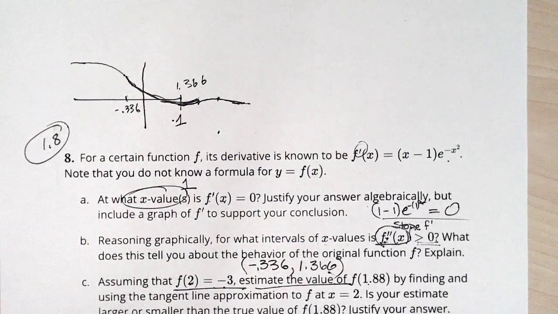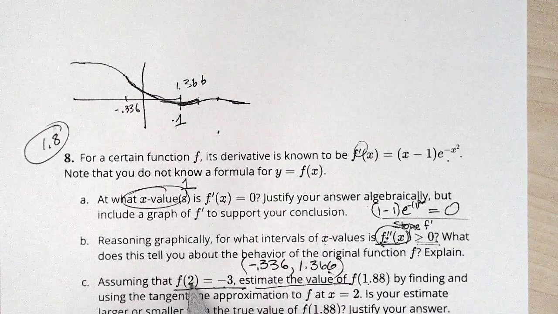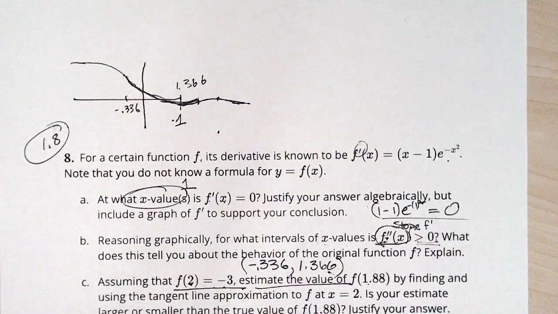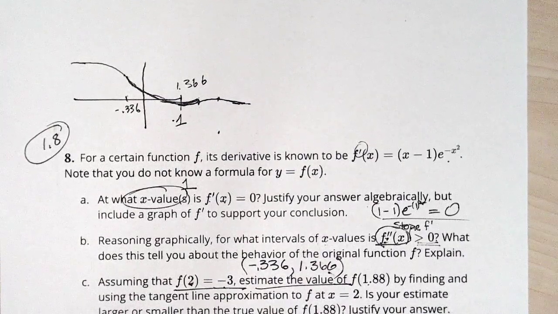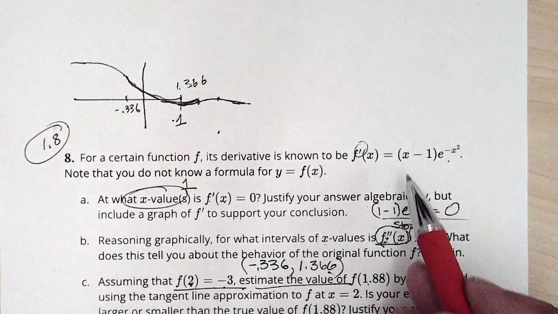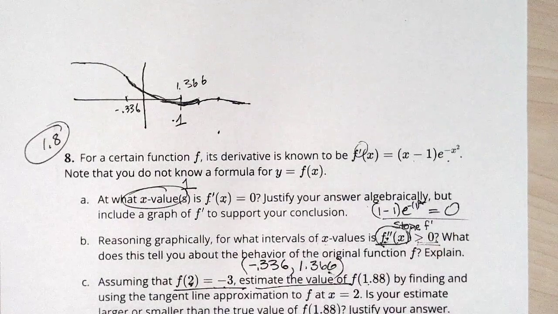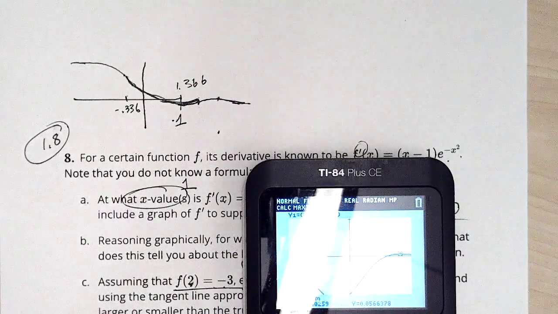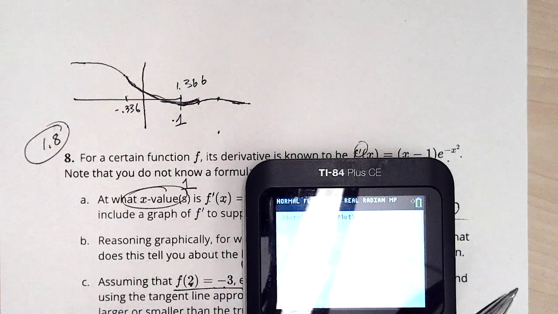So I'm going to need to create a tangent line at 2. So I'm going to need the slope at 2. Oh, this thing tells me the slope. So this equation will tell me the slope.